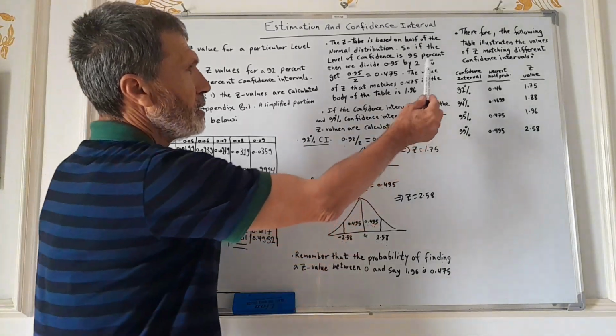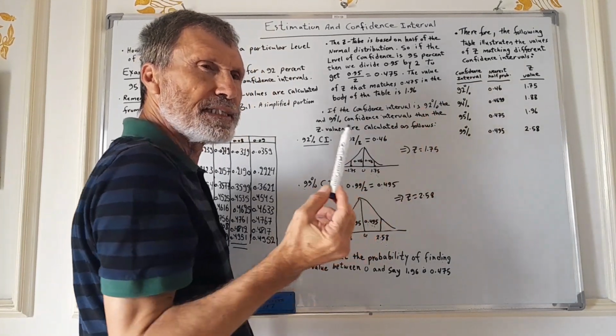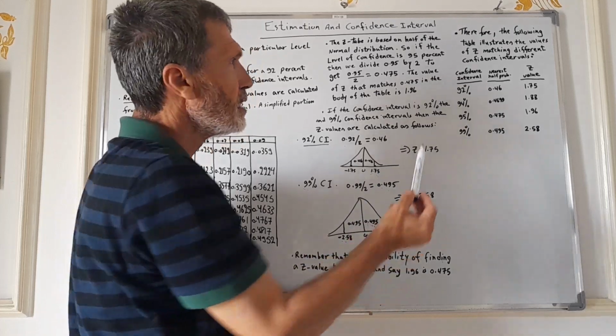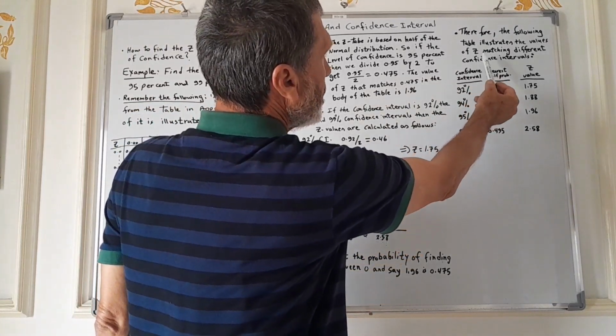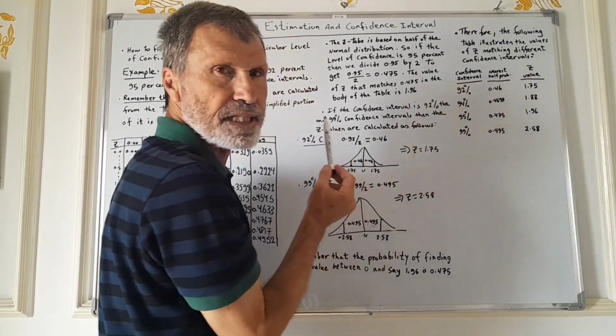Now here is a summary of the z-values that correspond to a certain level of confidence. The table illustrates the values of z matching different confidence intervals.